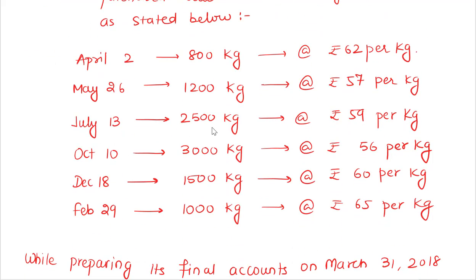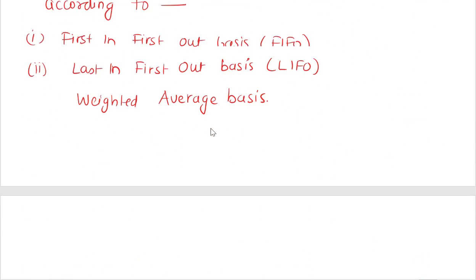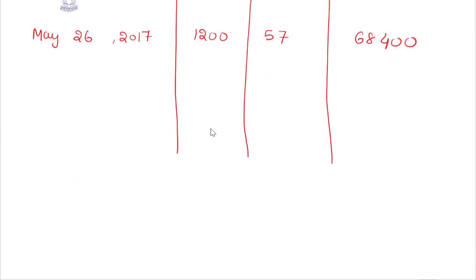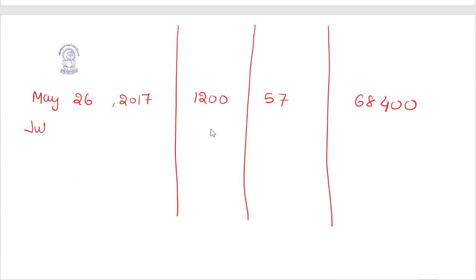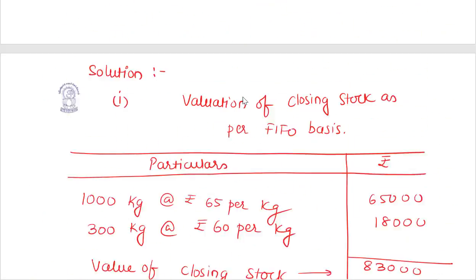July 13, 2500 kgs at 59. 59 multiplied by 2500 equals 147,500.